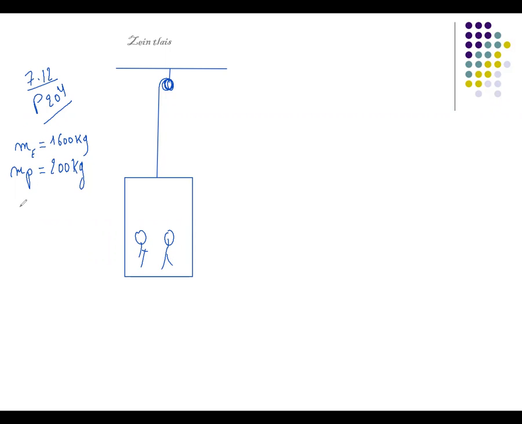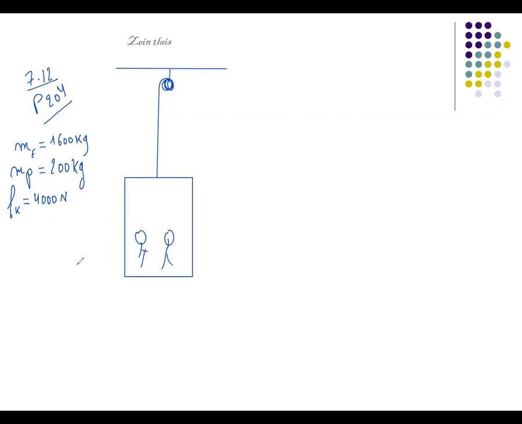The kinetic friction here, F kinetic, equals 4000 Newton.